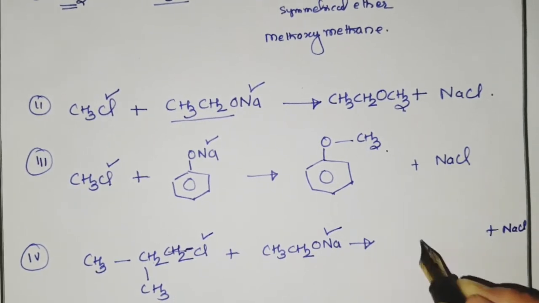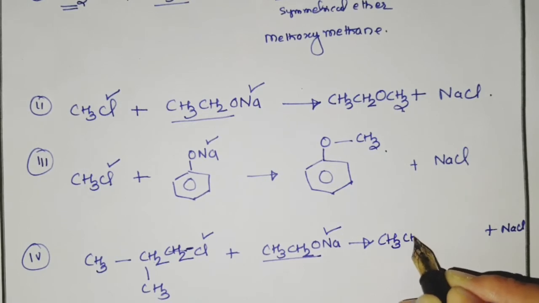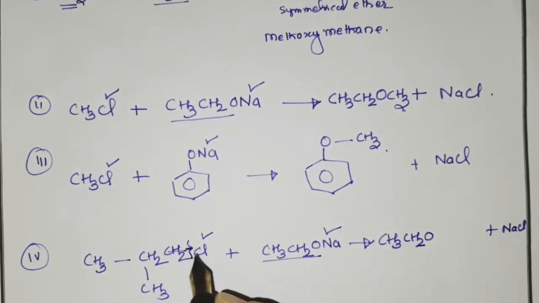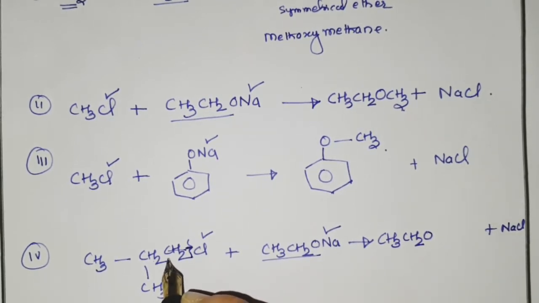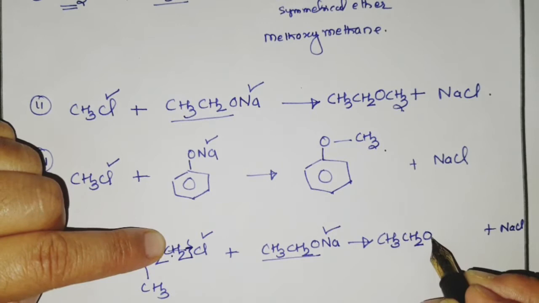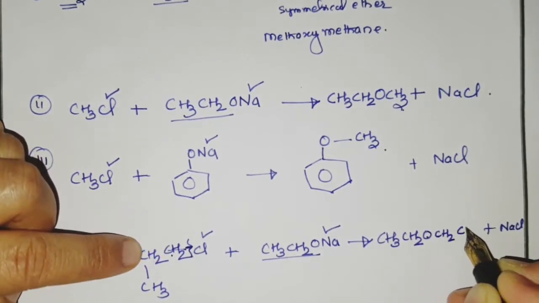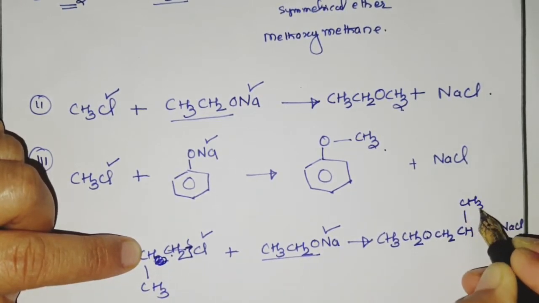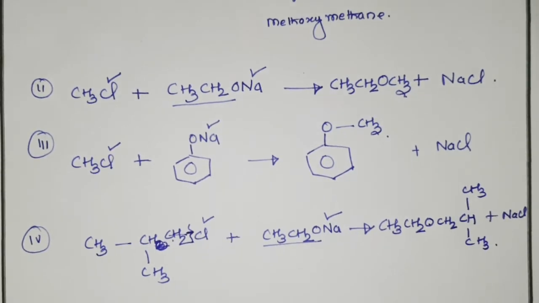First write down this alkoxide, CH3CH2O. Now see here the bond is broken between your CH2 and Cl. This same CH2 will form a bond with O. So then this CH2, then the CH3CH2CH3 chain. So these are the products during Williamson synthesis.